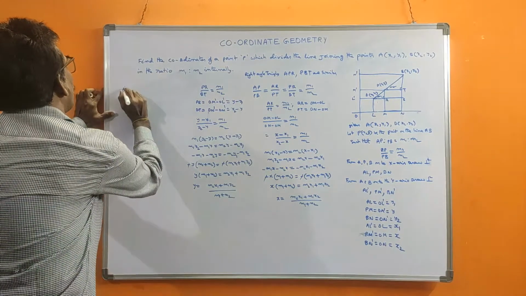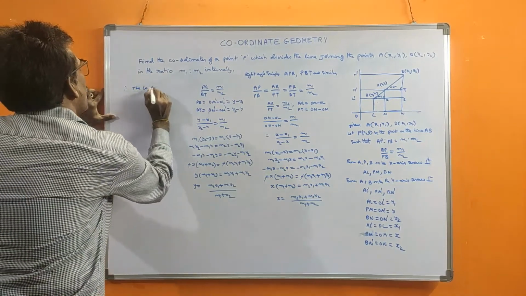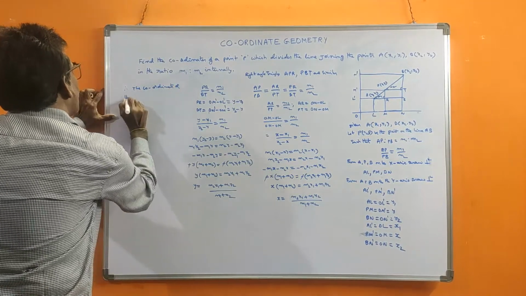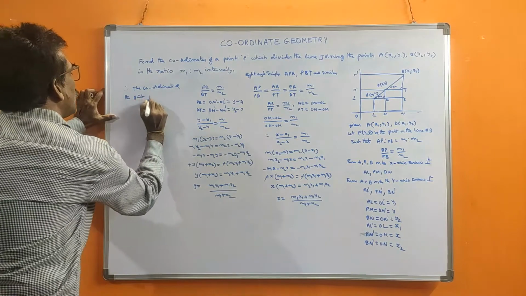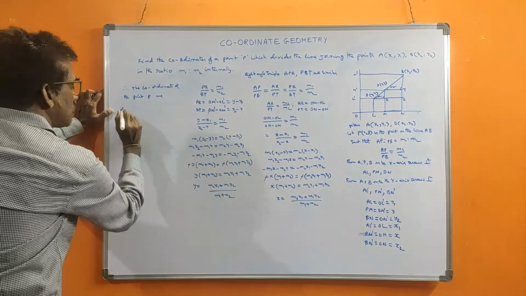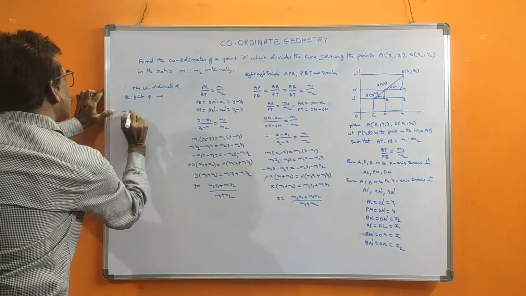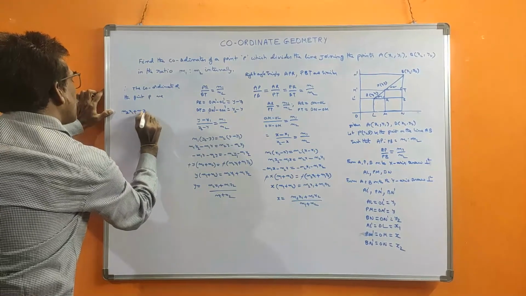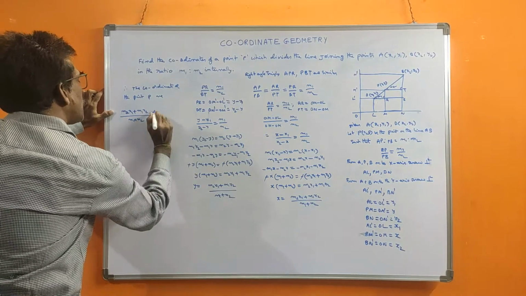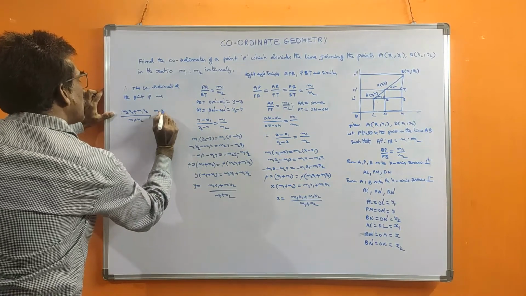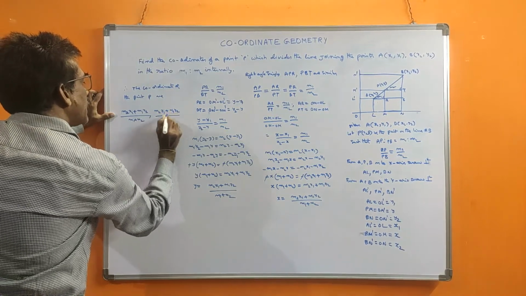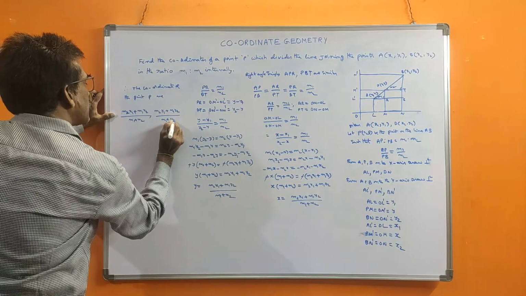Now therefore the coordinates of the point P are what? See that one: (m2 x1 plus m1 x2) by (m1 plus m2) is the x coordinate, comma, y coordinate is (m2 y1 plus m1 y2) by (m1 plus m2).